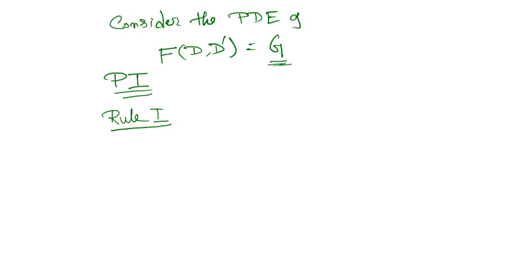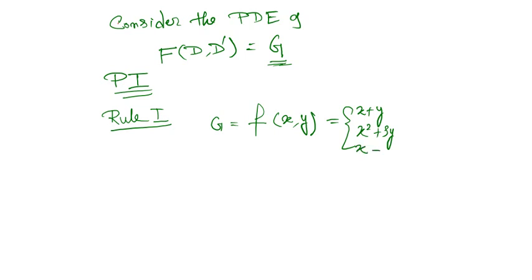Suppose your g is an algebraic function of x and y. For example, your f of x, y can be x plus y, x square plus 3y, or whatever, x minus y square.